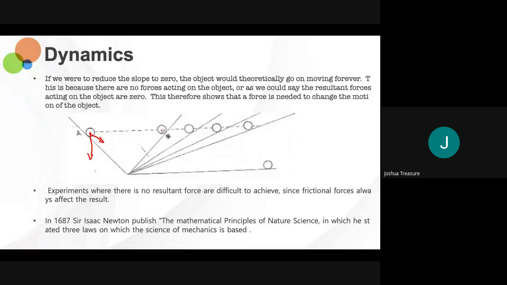Now what's the force acting in this direction again? What is that same force that would cause it to come down? The same gravity. Exactly. So that's what we would get. So unless there is another force, right?